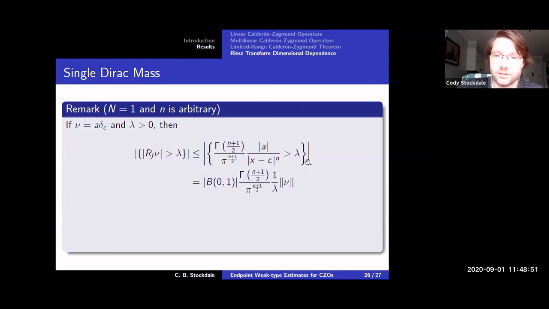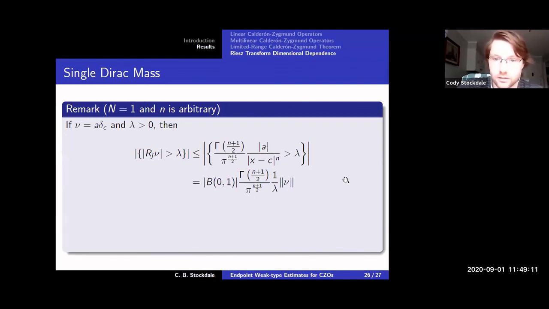And in n dimensions, balls, we can say that it has this measure. So you multiply by the measure of the unit ball. We have our normalization factor, and we have the 1 over lambda, and we have the total variation of nu, which in this case is just going to be the absolute value of our number a.